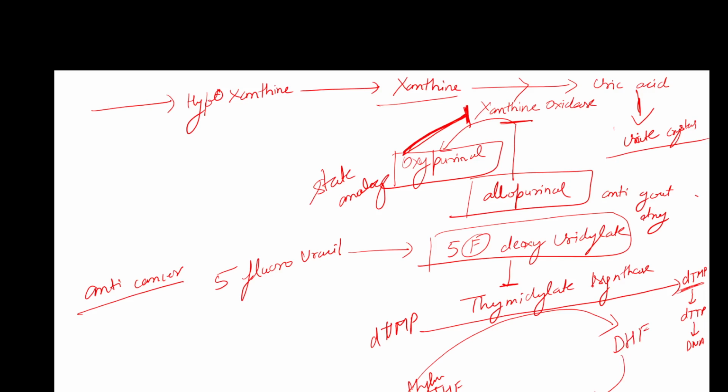This is the folate cycle. So dihydrofolate to tetrahydrofolate conversion is also inhibited by aminopterin, and it can block the DNA synthesis. The enzyme which is involved here is dihydrofolate reductase, the DHFR enzyme, and aminopterin can inhibit the DHFR enzyme and ultimately inhibit the DNA synthesis. Okay.